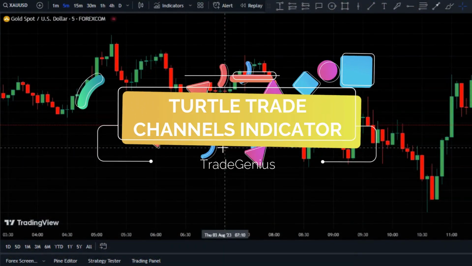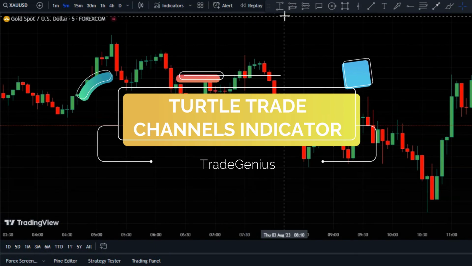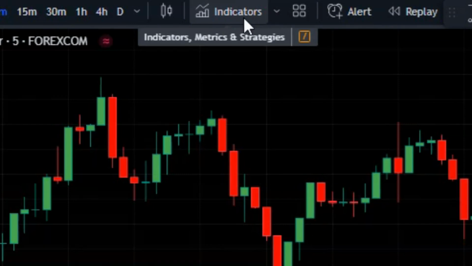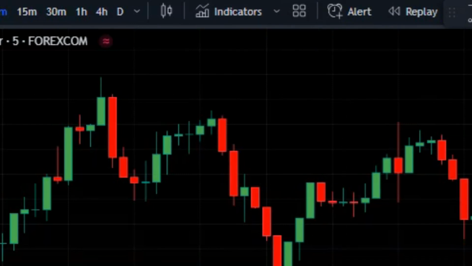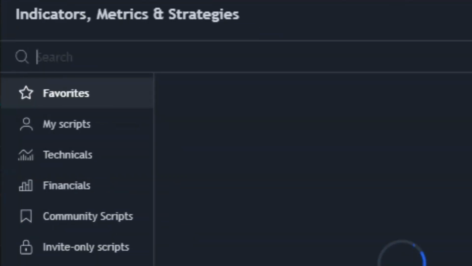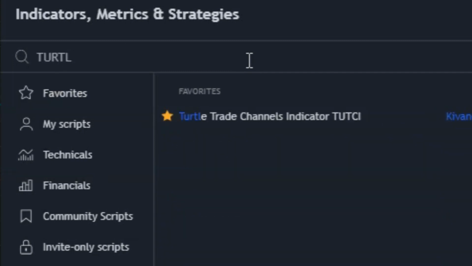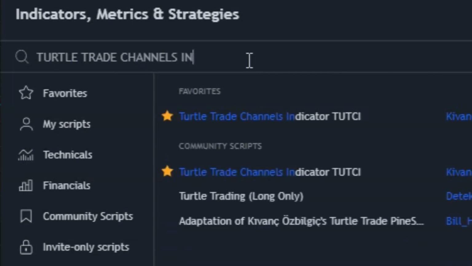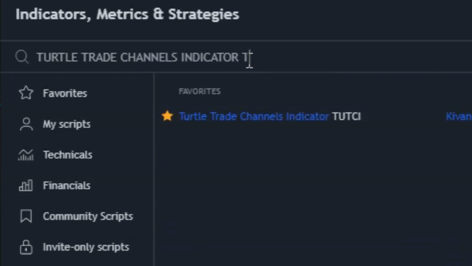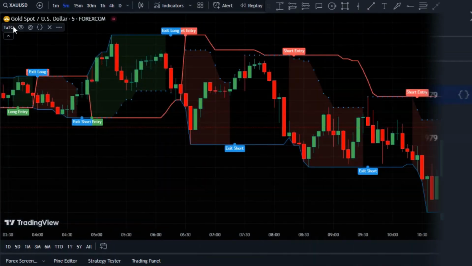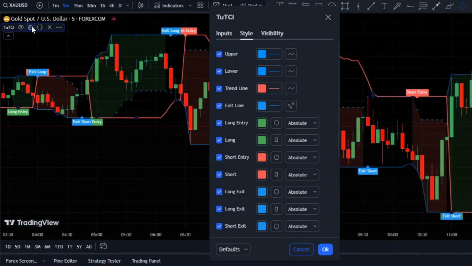So let's get started by adding the Turtle Trade Channels indicator to the chart. Once you've added it, you'll want to adjust the settings.